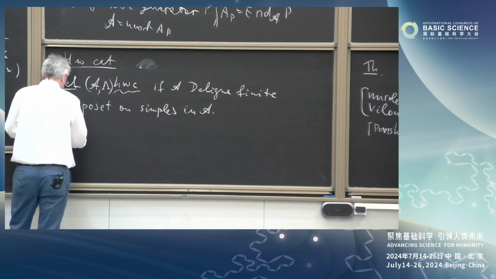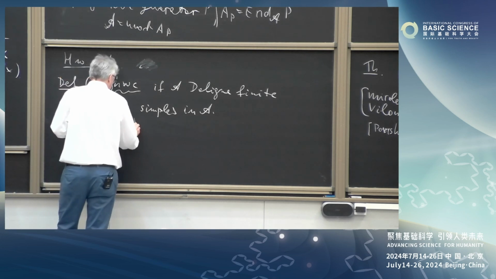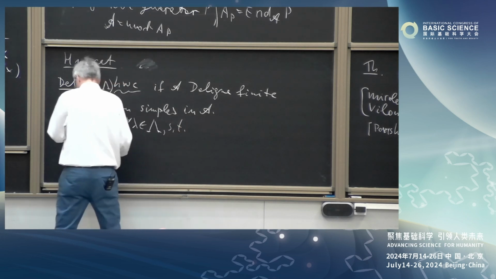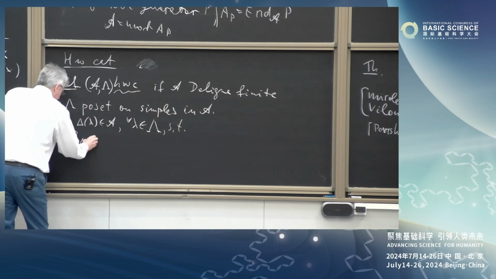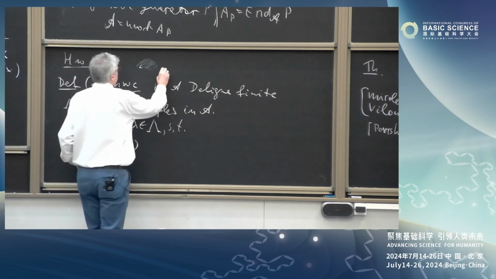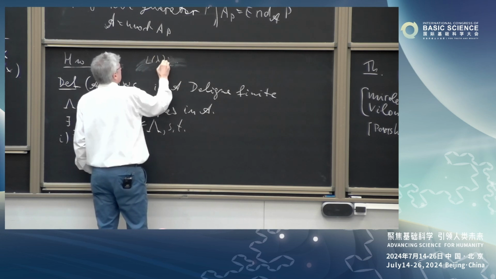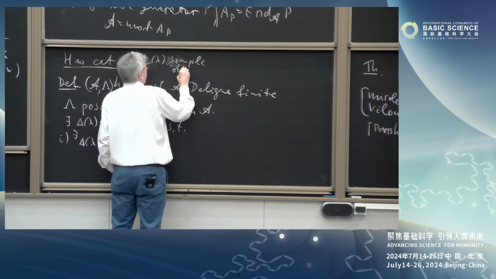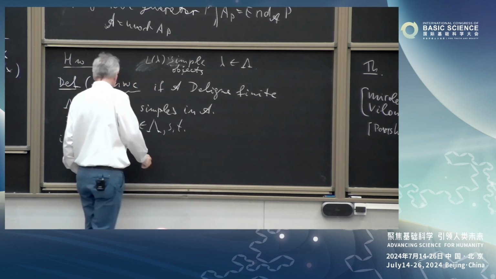So there exists some object delta of lambda in A for any lambda in this poset lambda, such that, first, there exists an epimorphism from delta of lambda onto L of lambda. L of lambda are simples, so we have lambda in the poset, and L of lambda the simple object. It's just notation.